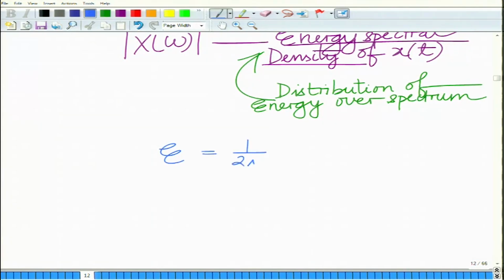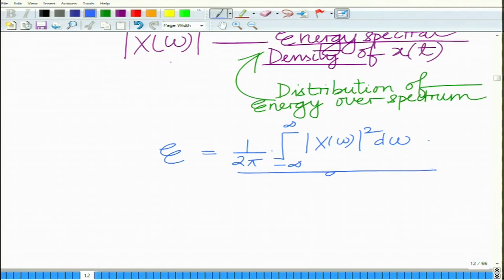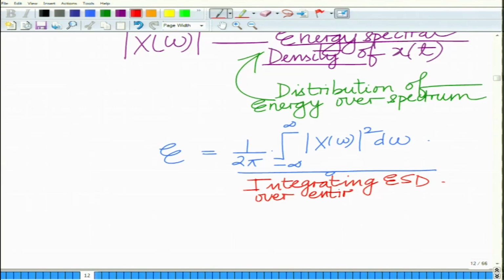So, this is 1 over 2 pi integral from minus infinity to infinity of magnitude x omega squared, integrating the energy spectral density ESD over the entire frequency band minus infinity to infinity.